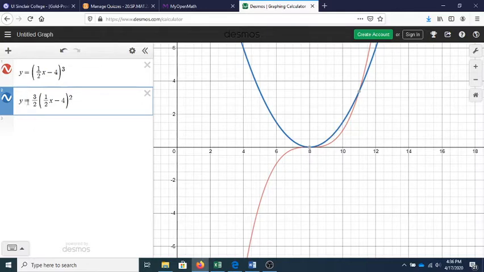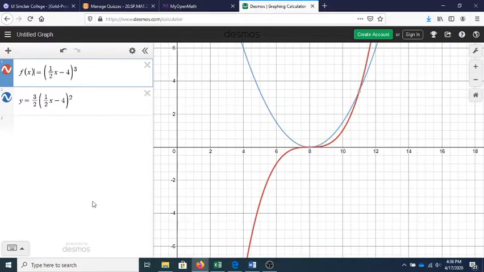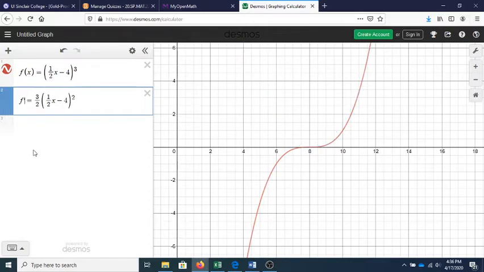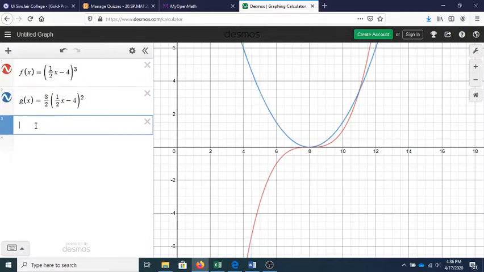How about I call this f of x? Yeah, I like that. And I'll call this one f prime of x. Yeah, it doesn't like that. We'll call it g of x. Okay, then I can say, what's g of 6? It's 1.5.